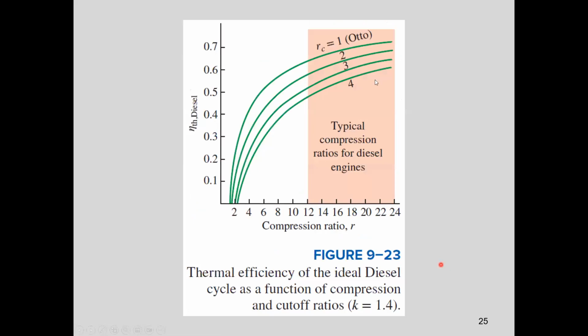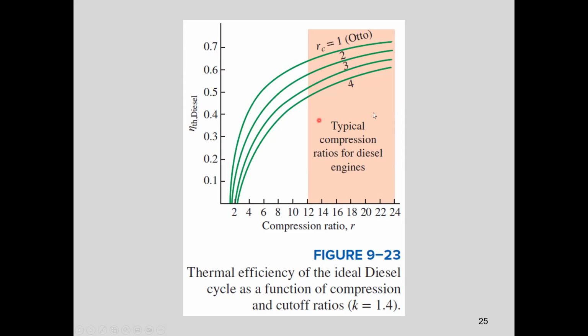Okay. So let's look at this diagram closely. If we look at this diagram closely, we will see that as the compression ratio increases, thermal efficiency of the diesel cycle also increases. And as the compression ratio increases, thermal efficiency increases rapidly at the low values of compression ratio. Then the increase becomes relatively small at higher compression ratios.